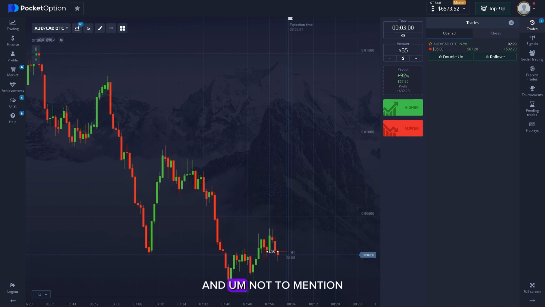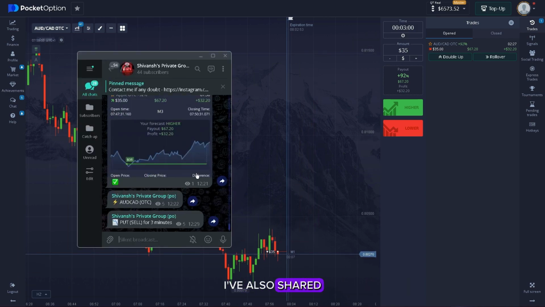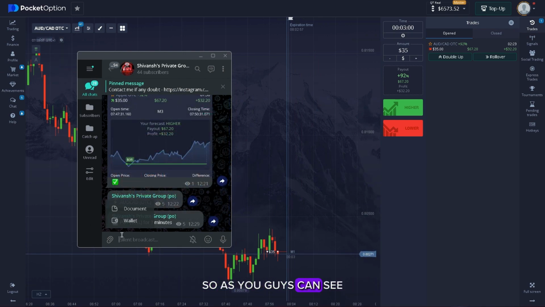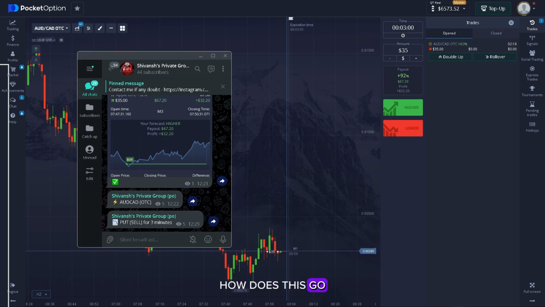And not to mention, I've also shared this trade in the private group as well. As you guys can see, I've shared the signal, so we will see how this goes.